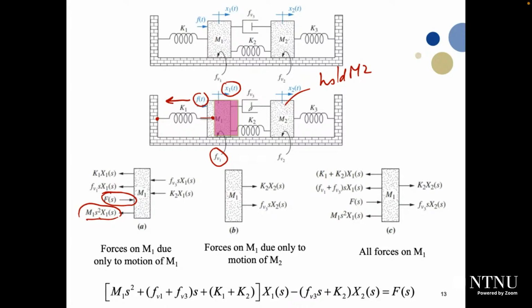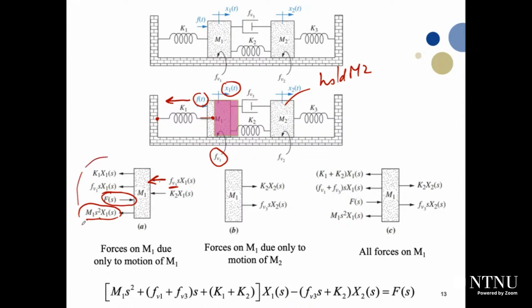If you try to move M1 to the right-hand side, this damper will generate a force which will resist you, in the opposite direction, proportional to the speed. So it will generate a force FV3 multiplied by s x1 of s. At the same time, K2 will generate a force which will resist the movement to the right-hand side, and this force is proportional to the distance. So it will be K2 multiplied by x1 of s.